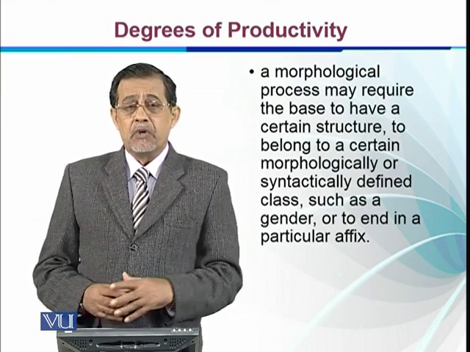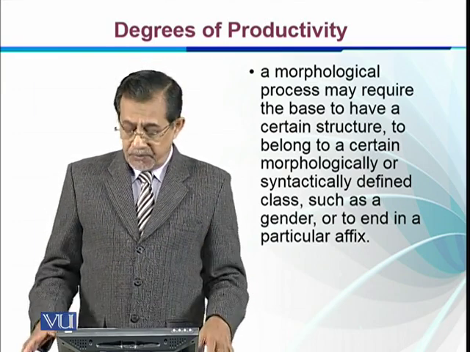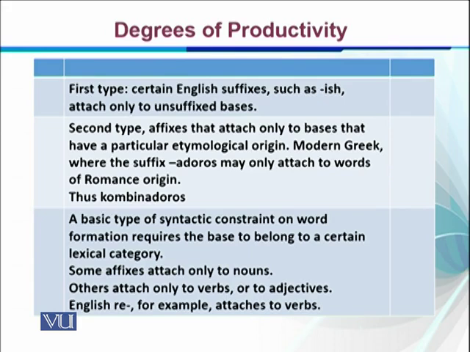So this morphological constraint is also one of the problems for productivity. For example, first type, certain English suffixes such as ish attach only to unsuffixed bases. So ish attaches to a base which is alone, which does not have another suffix.